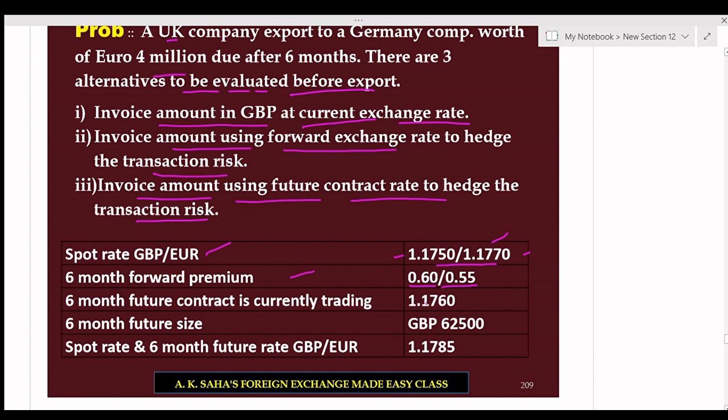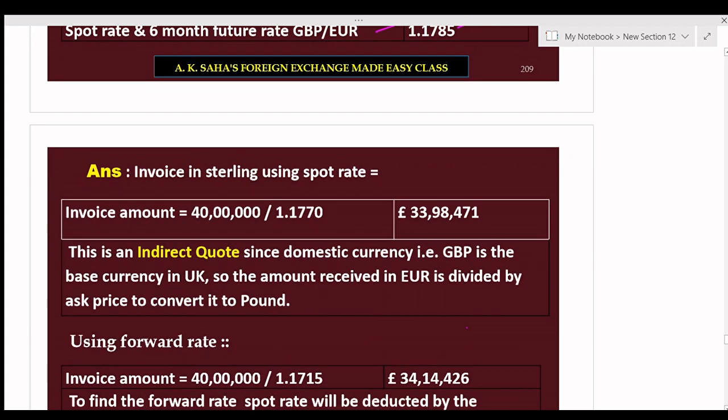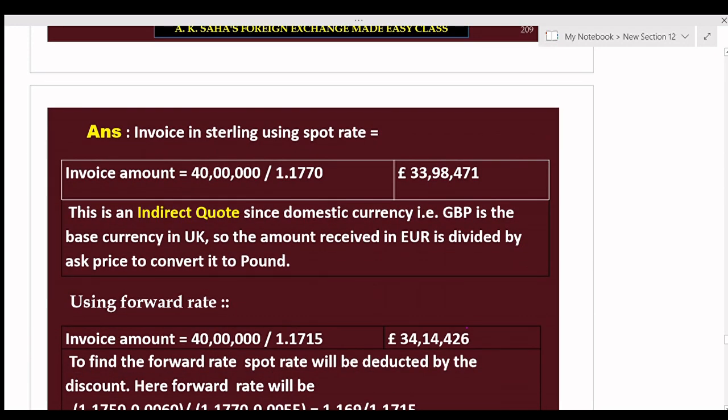The 6-month future contract is currently trading at 1.1760, that is the spot future rate. The 6-month future size is GBP 62,500. The spot rate on the 6-month future expiry GBP/euro is 1.1785.